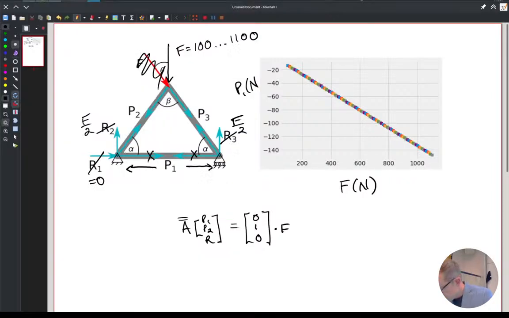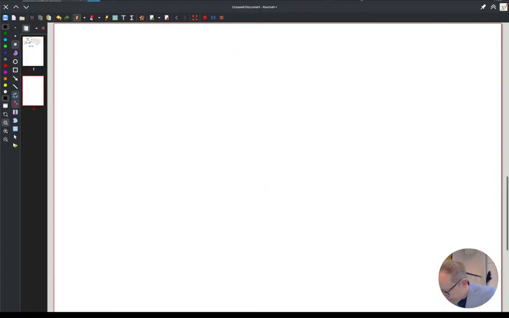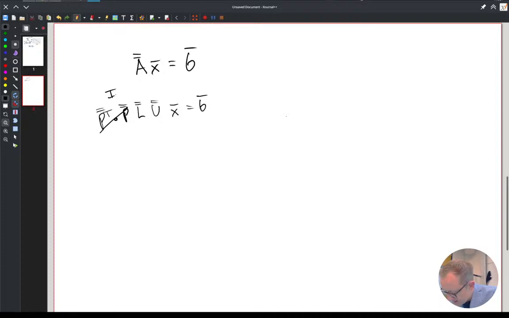Because we're trying to solve this problem, AX equals B, where A is the matrix, X is the unknown vector, and B is the known vector. That's my linear algebra equation. So I'm changing it to P L U times X equals B. But I can get rid of that pivot on this side by multiplying by P transpose times P, so that all becomes just the identity.